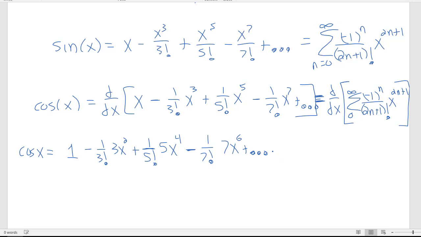Now let's think about the series representation, the sigma notation. So what can I do with this derivative operator? Can I take this derivative operator and push it inside the sigma notation? Absolutely. Because what does the sigma notation really represent? It really represents a bunch of plus and minus signs.